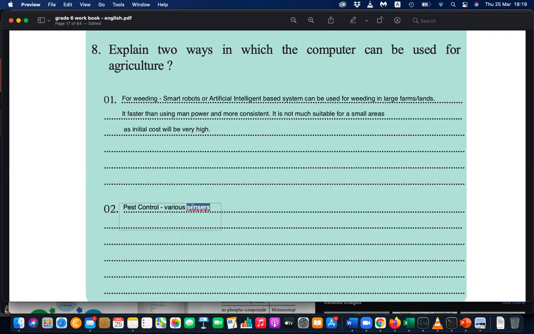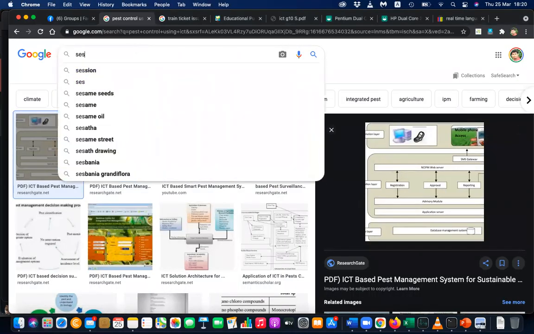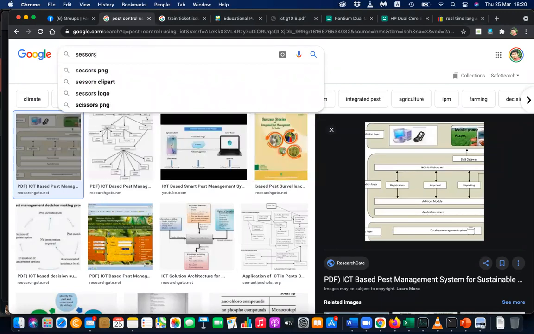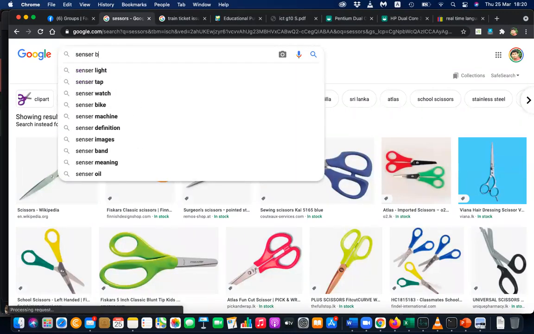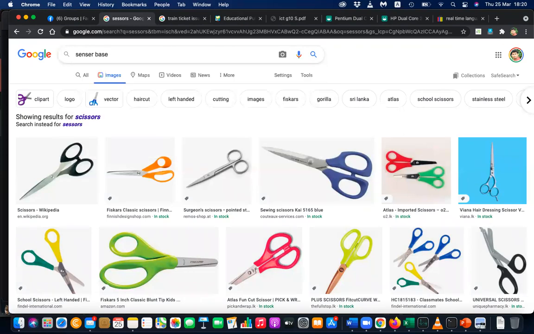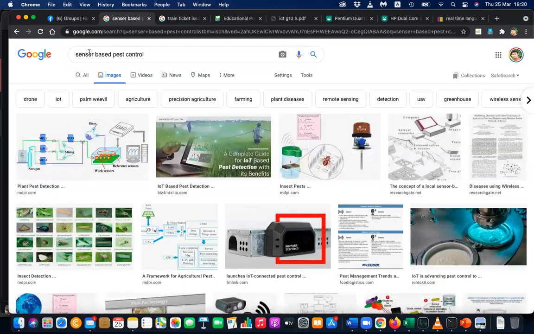Did I misspell that? Sensor, sensor, no, S-E-N-S-O-R. Sensors. Sensor based pest control. Sorry for my spelling mistake.